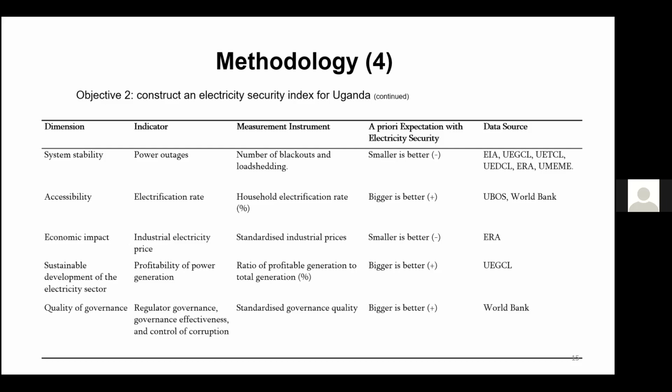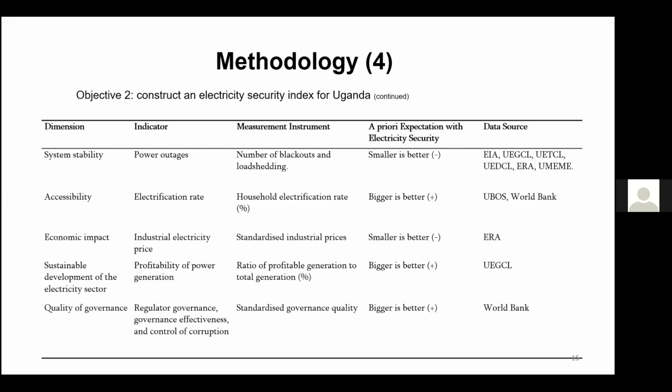When it comes to the measurement, we need to justify those five components of energy security in terms of why each component is important. Why does he need to include it as part of the dimension? And to me, you need to bring out your contribution in terms of objective 2.